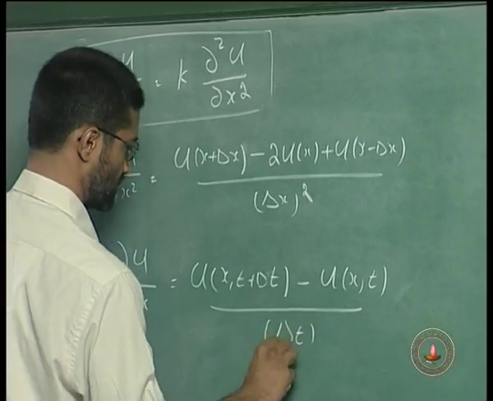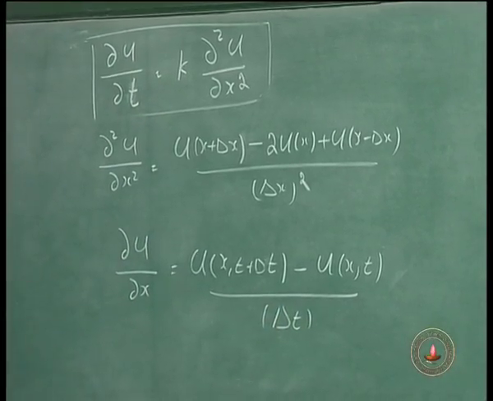So that's a forward difference method of writing the derivative del u by del t.